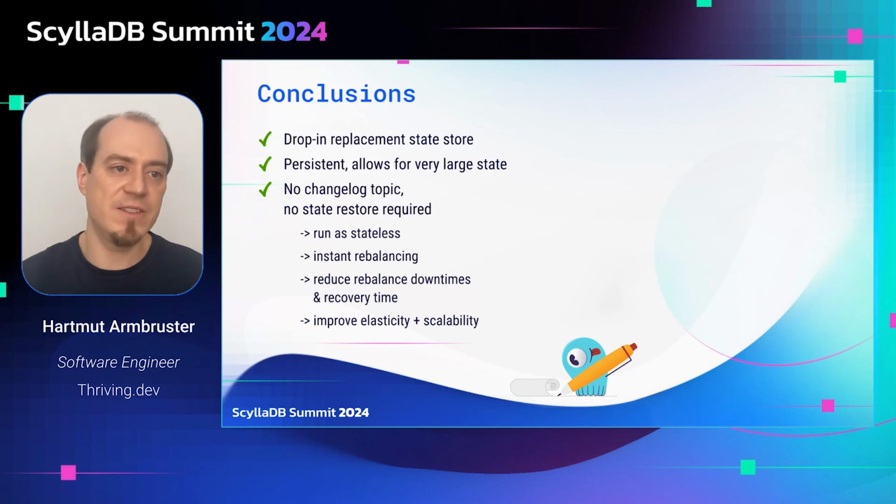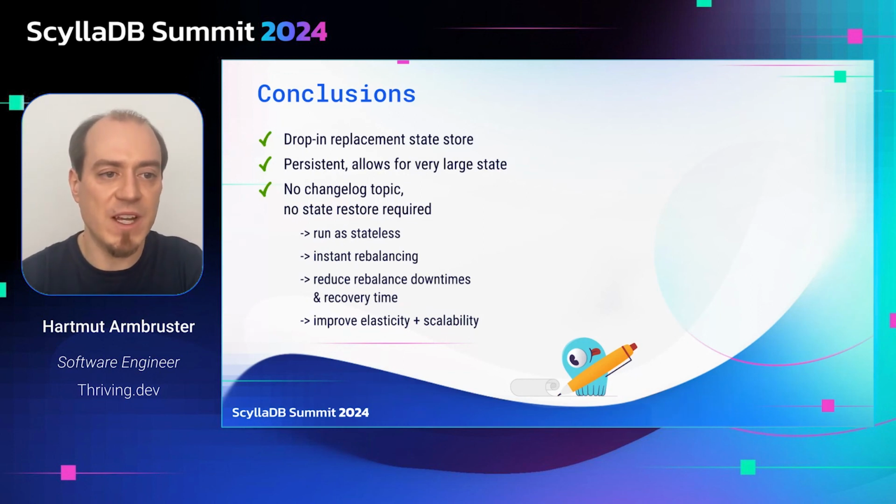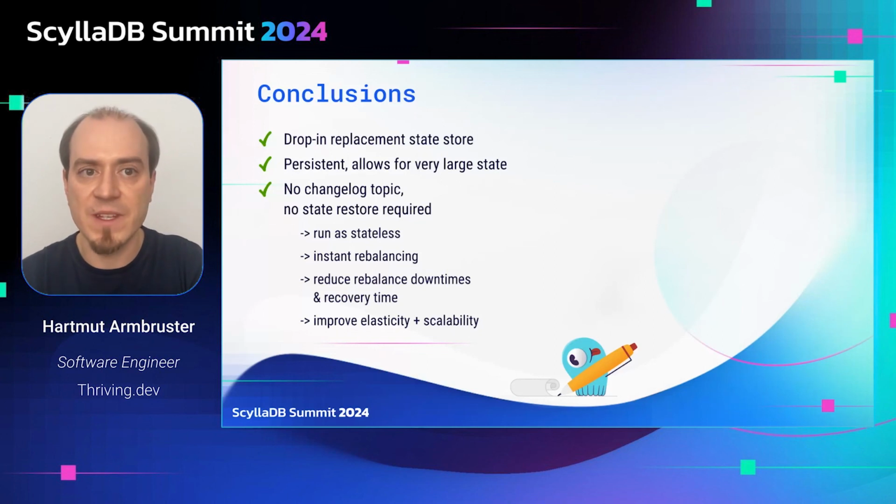And as mentioned before, there are no changelog topics involved, no state restores required. So you can simply run your stateful streams application as in a stateless fashion. It allows for instant rebalancing and therefore reduces the rebalance downtimes to a bare minimum and also recovery times.